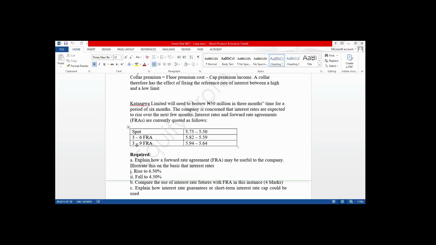At what rate will the bank sell? The bank will sell at the higher rate. The higher rate is 5.94%. Is that explanation clear? Or does anybody require clarification?